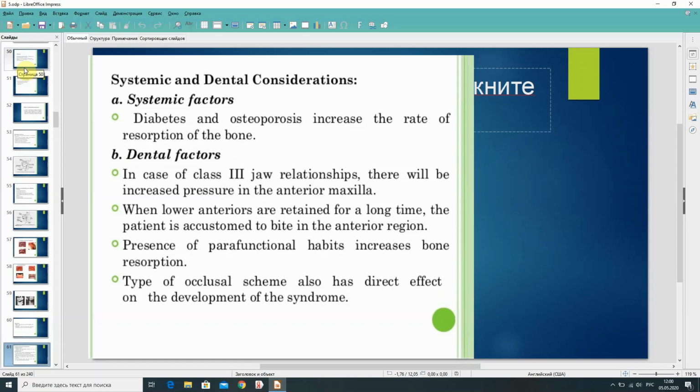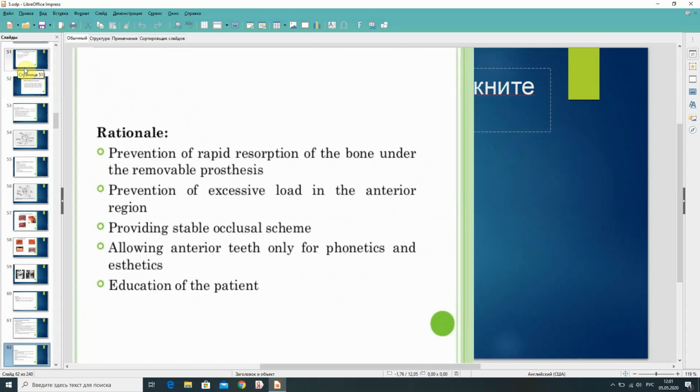When lower anteriors are retained for a long time, the patient is accustomed to bite in the anterior region. Presence of parafunctional habits increases bone resorption. Type of occlusal scheme also has a direct effect on the development of the syndrome. Rationale.